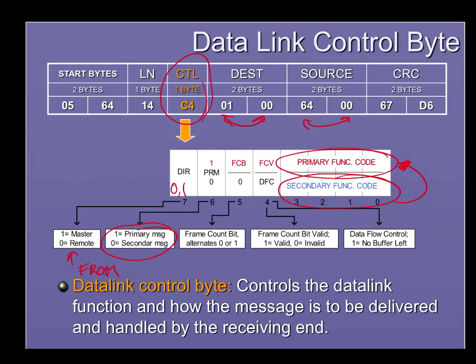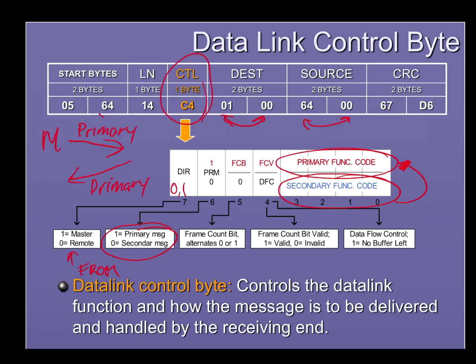If a primary message goes out from the master and it's not looking for confirmation, what comes back is another primary message. So it would be primary going out, primary coming back.